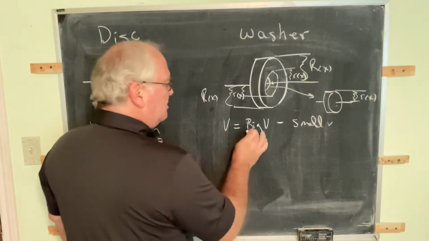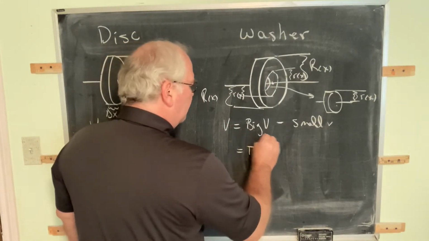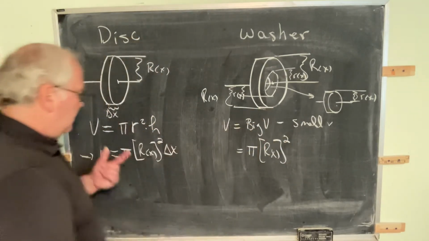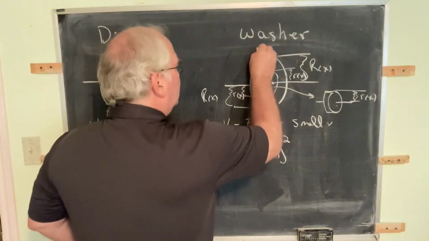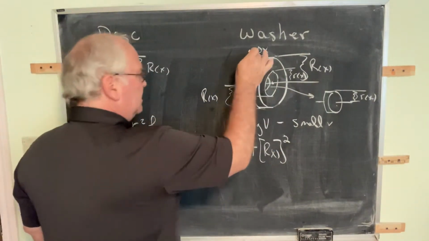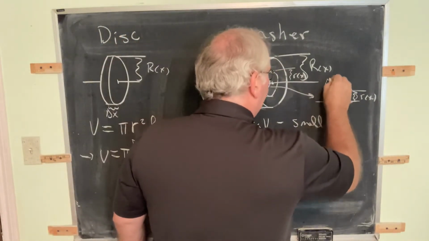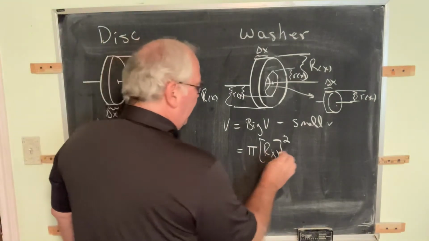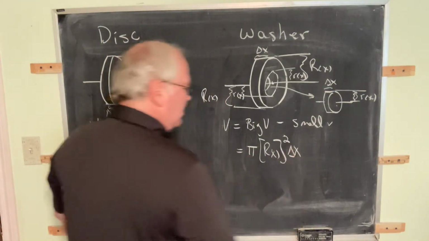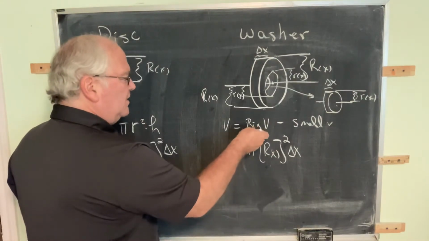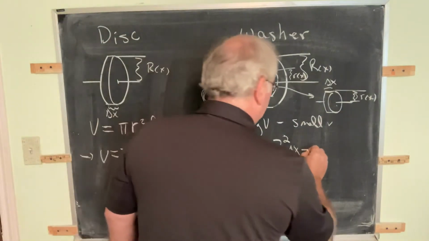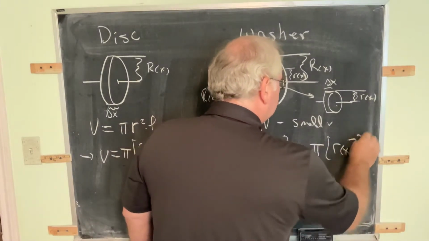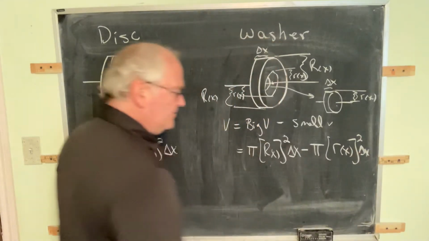Well, what is that? The volume of the larger is pi times capital R of x quantity squared. And if we again use the same delta x for the thickness, well, the thickness of the original is the same as the thickness of the one we took out. And so pi times the radius squared times the thickness, that's the volume of the larger disc. Subtract off pi times the smaller radius squared times the thickness.